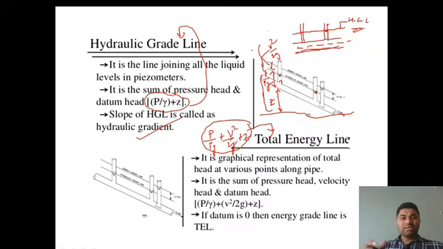Now, let us see the practical scenarios. Practical scenarios of this variation of hydraulic grade line and total energy line, when we are conducting water from a reservoir to another reservoir or from a reservoir to a free surface. Let us see how it varies in practical examples.